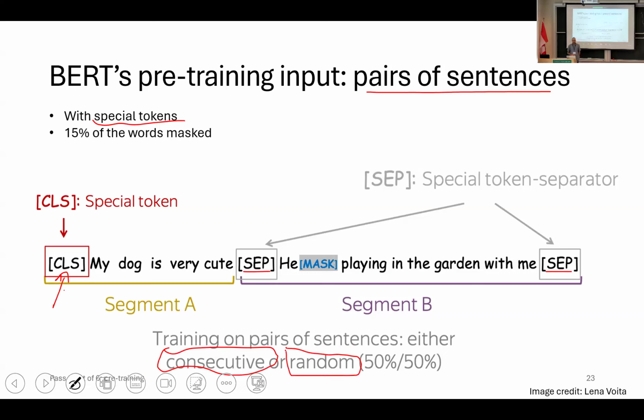And then these were used to train BERT. And this is semi-supervised because no one had to annotate the data.